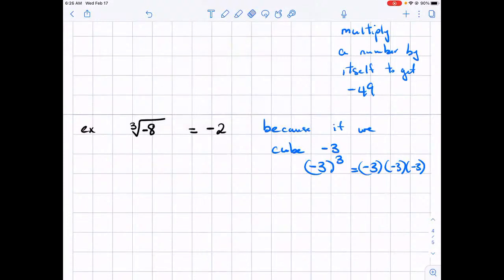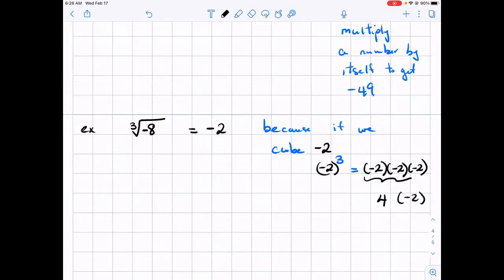The cube root of negative 8 will be negative 2. If we cube negative 2, negative 2 cubed, we'll get negative 2 times negative 2 times negative 2. And when you multiply these two, you get 4.